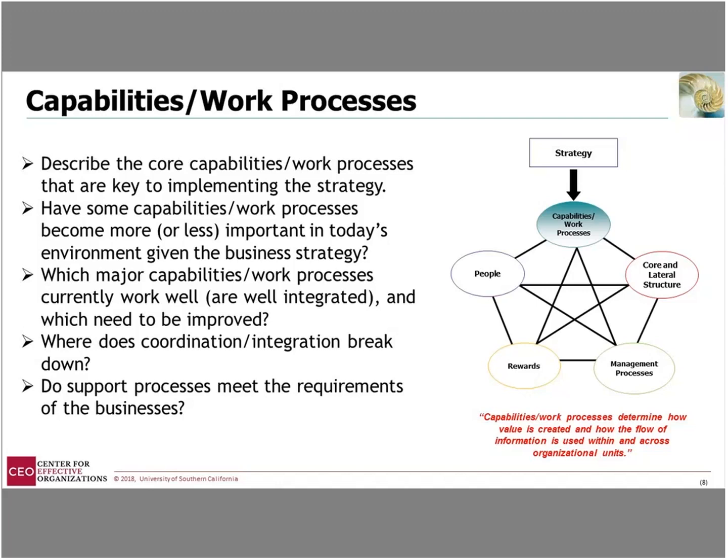Right, so a capability is a pretty big bundle of work processes, and it represents things that the organization can do. Work processes are routines. They're again, fairly high-level pieces of work that the organization does.